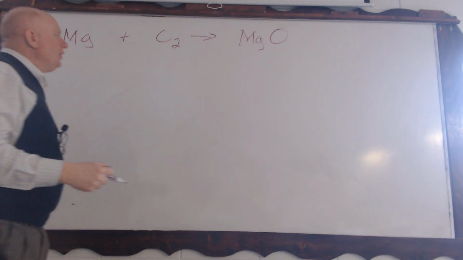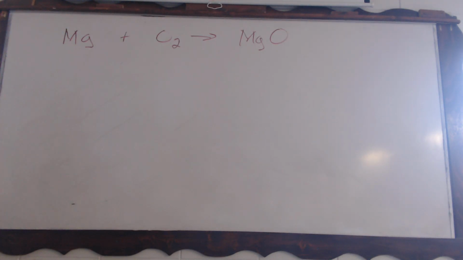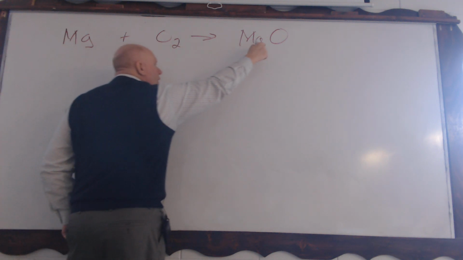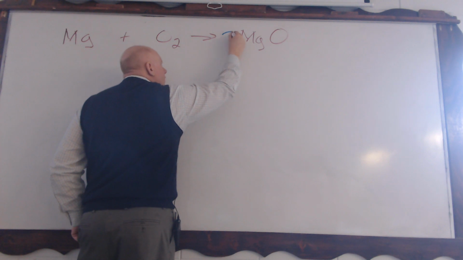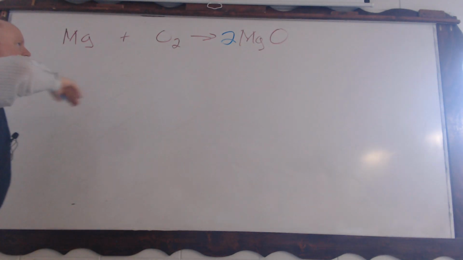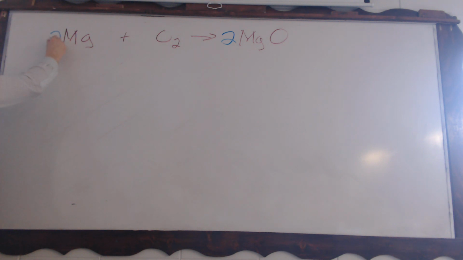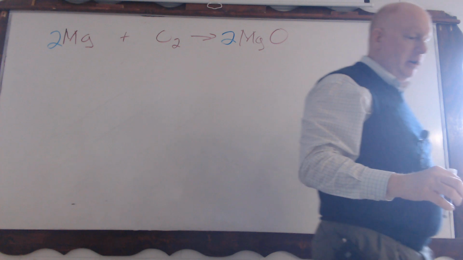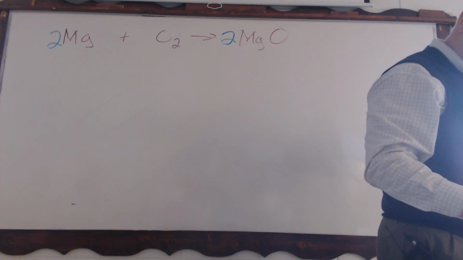Okay? So even if you weren't looking at that problem, how do we need to finish balancing that? Okay? We've got two oxygens here because it's diatomic. We only have one there, so we have to put a 2 here. Distribute that through. Now we have to have 2 moles of magnesium here. Okay, so that's what they have in your equation then as well.